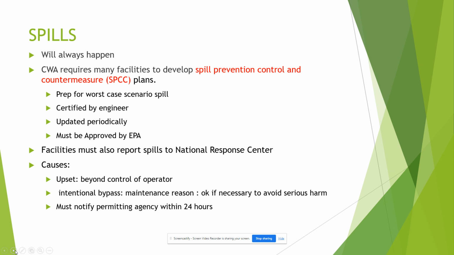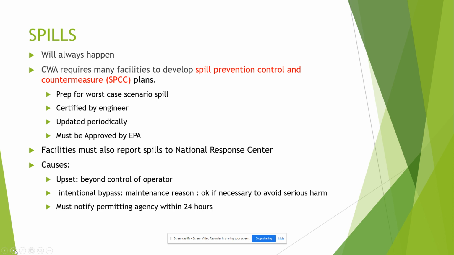Anytime there is a spill, they have to report those spills to the National Response Center of the EPA to make sure that the EPA is aware of that. There are permitted causes, like what's called an upset cause. So the upset cause is something happens, there's an earthquake, and then a machine fails, or a power failure, or a flood or something like that. So that would be beyond the control of the operator.